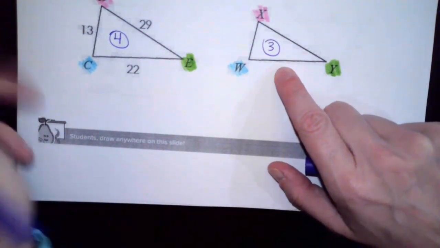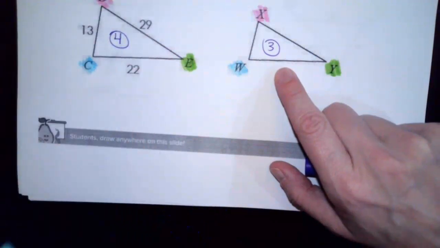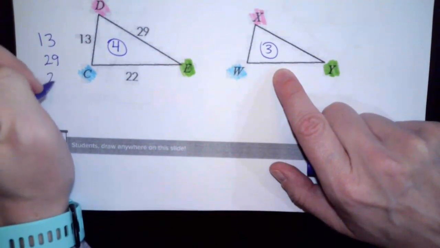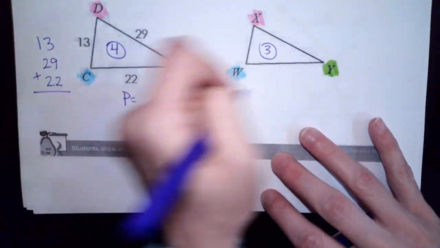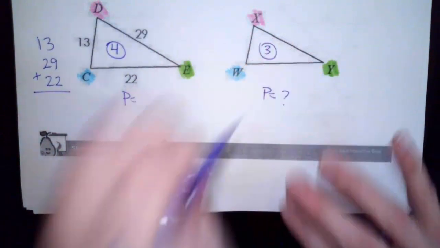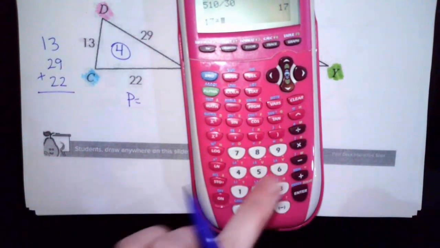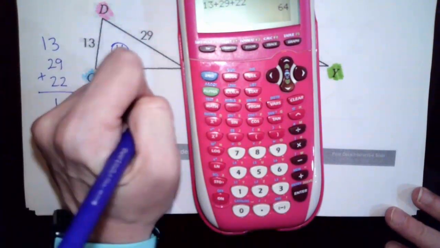Well, okay, so let's add up all these pieces here. We have to do 13, 29, 22 to get the perimeter for here. And then we'll figure out the perimeter over there. So we get 64.